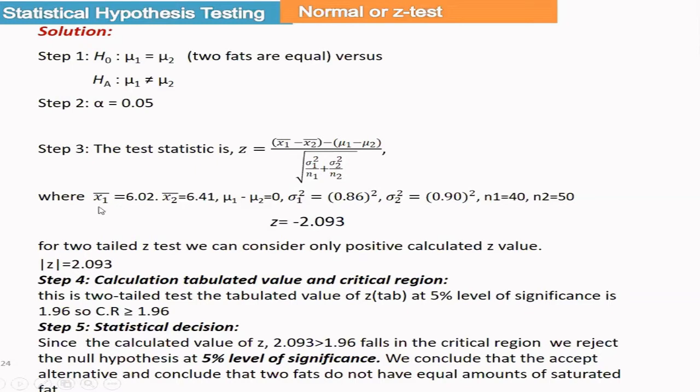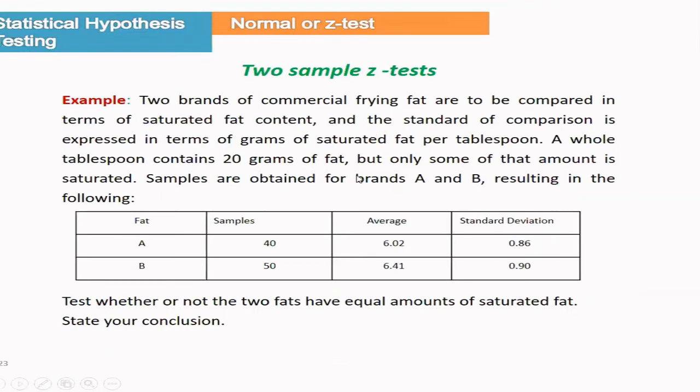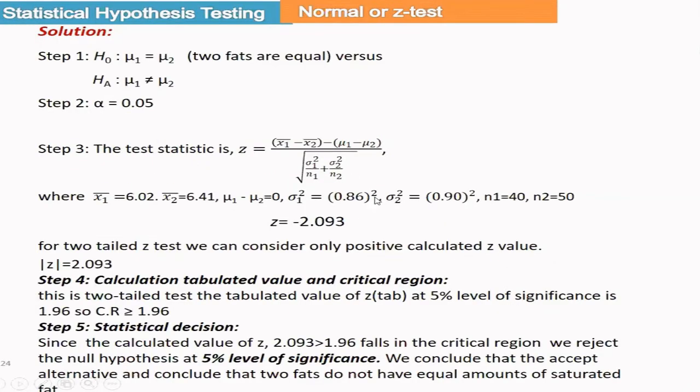So we know all the values. x1 bar is 6.02, x2 bar is 6.41, and mu1 minus mu2, depending on the null hypothesis, will always be 0. Sigma 1 is the standard deviation given, 0.86, which we have to square. Sigma 2 is the standard deviation of brand B, 0.96, squared.